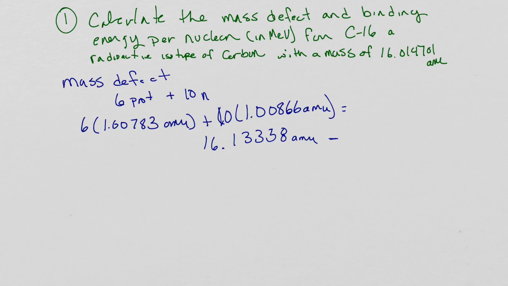And if we subtract the mass of the actual atom, 16.014701, we get a mass defect of 0.118879 AMU. Okay, so we got a mass defect of a little over 0.1 AMU.